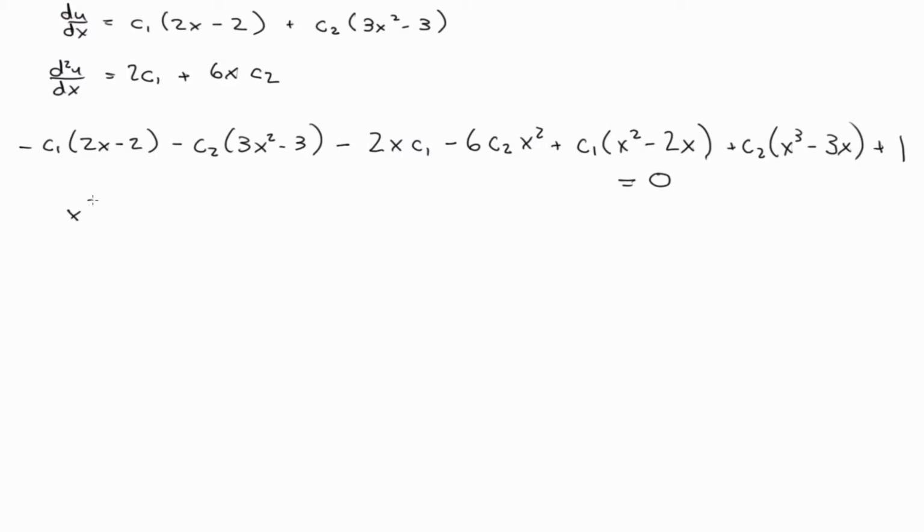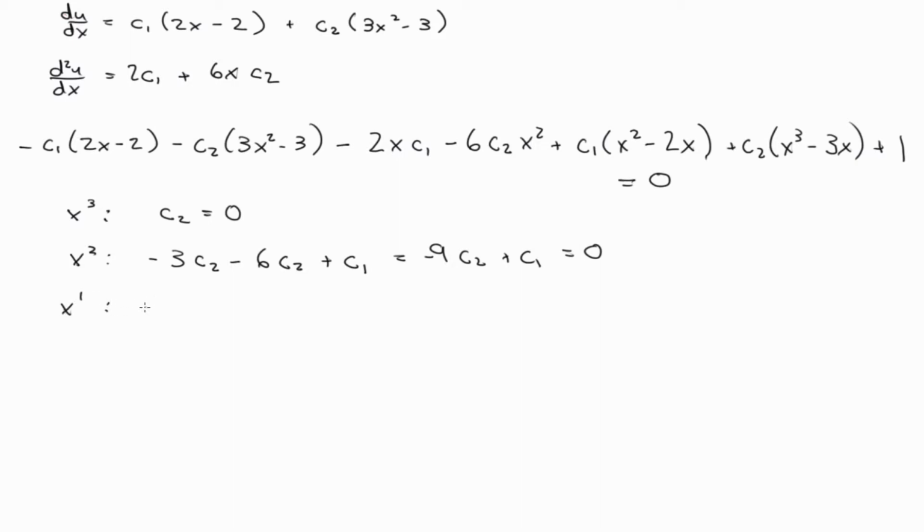So if we look at x cubed, we have c2 equal to 0. For x squared, you have minus 3 c2 minus 6 c2 plus c1, that's minus 9 c2 plus c1 equal to 0.